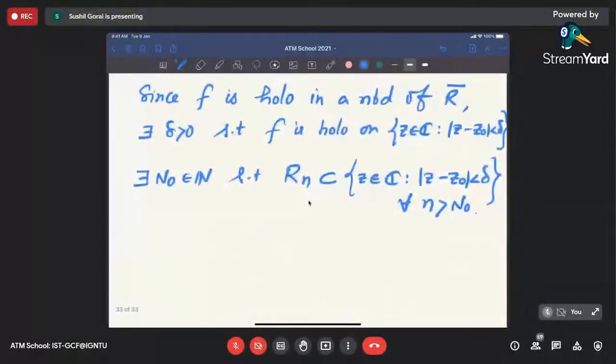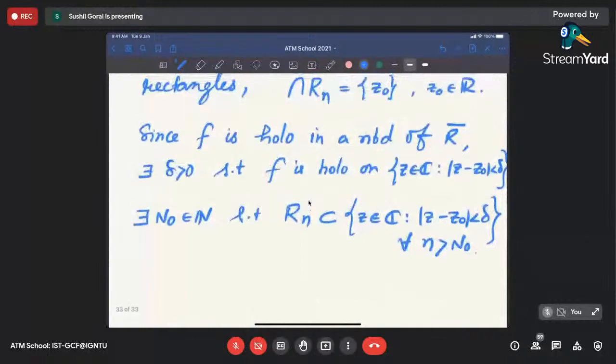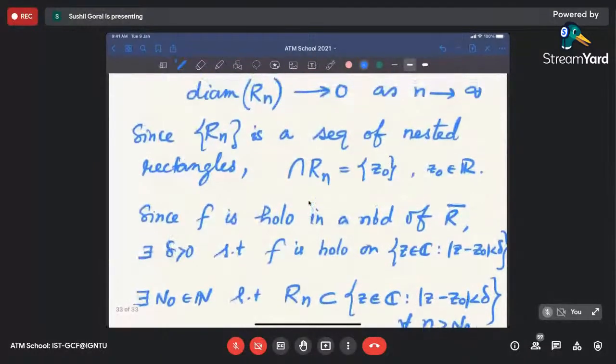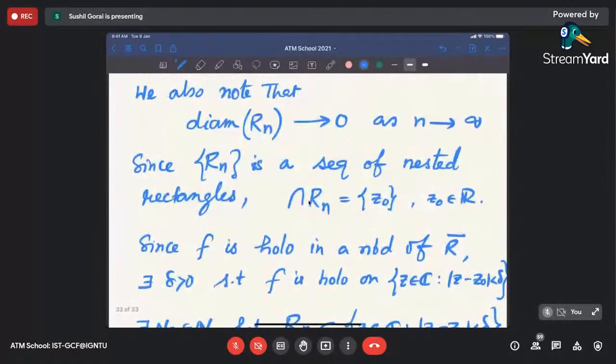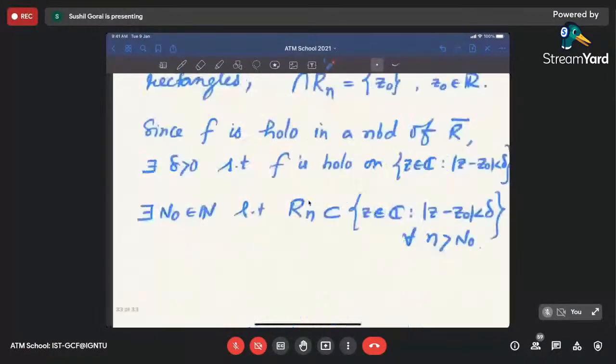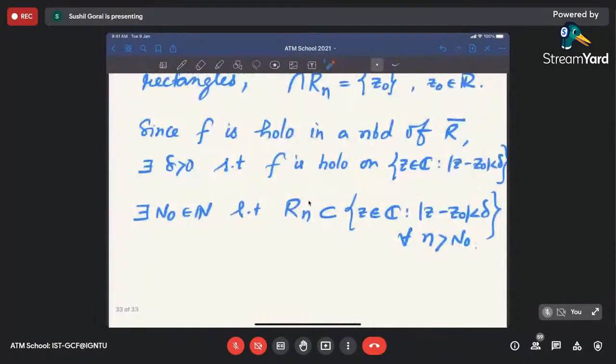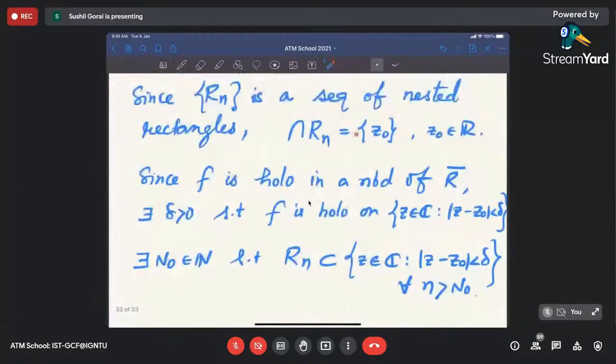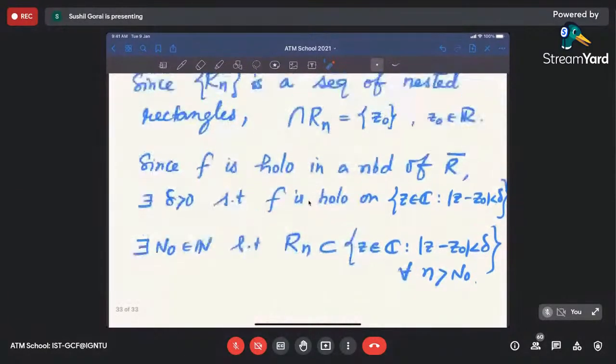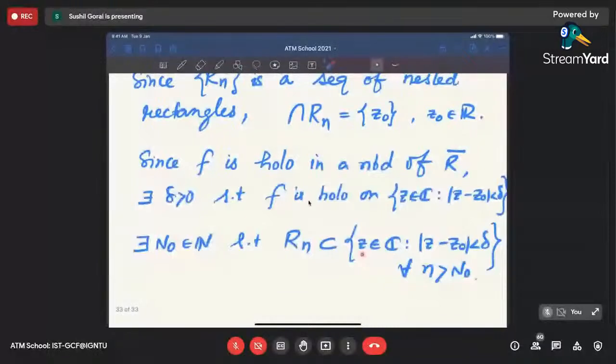Sir, repeat the last argument. Yeah, so the diameter of Rn converges to 0, right? Yes, sir. So whatever delta you take, and the intersection is Z0, Z0 is in Rn for all n. So that means if you take a neighborhood of Z0, your Rn will be inside it for large n, right?